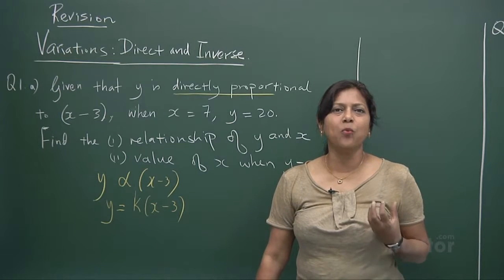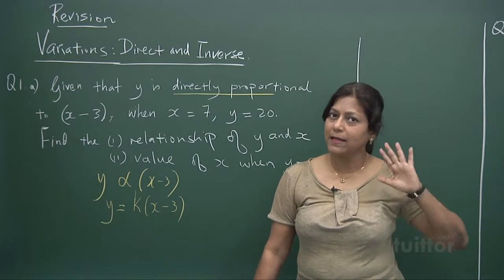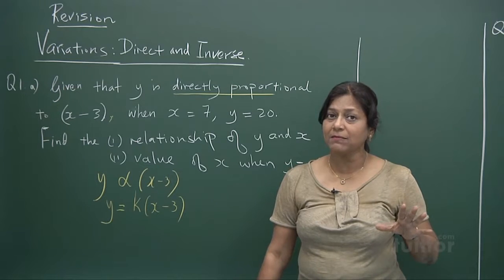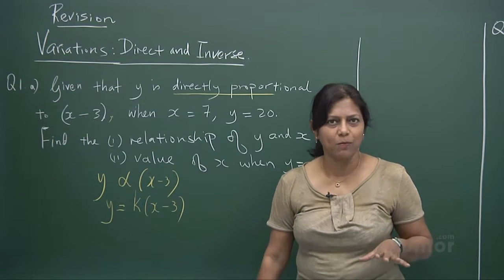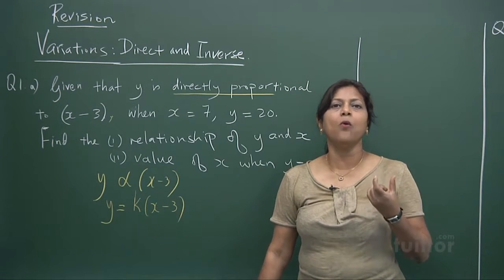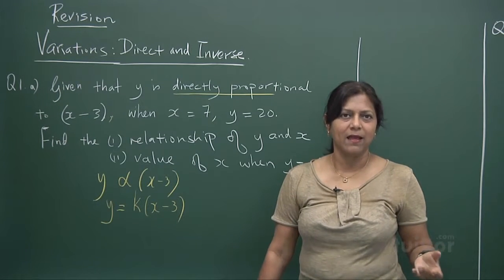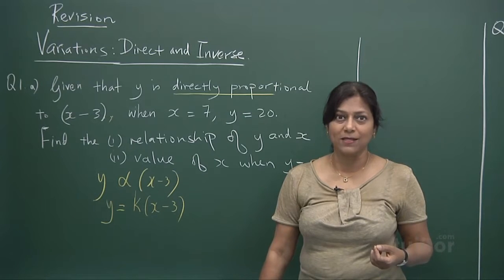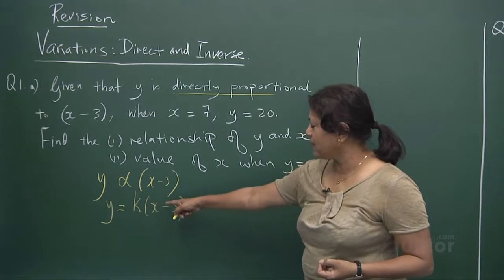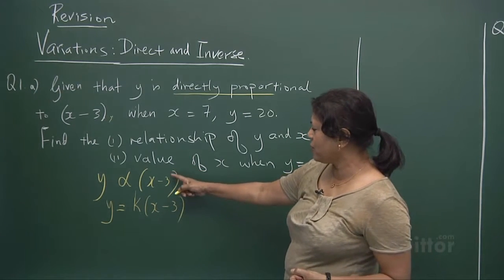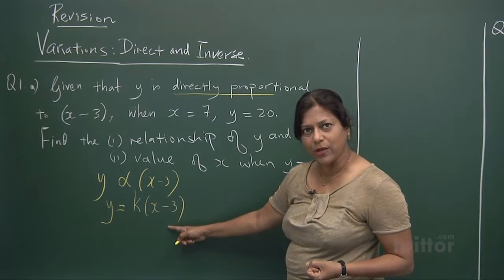When you say the word constant, is it a variable number? Does it change? No. It is a fixed value. No matter what values x and y can take, k is a constant. You introduce it to make a variation into an equation.